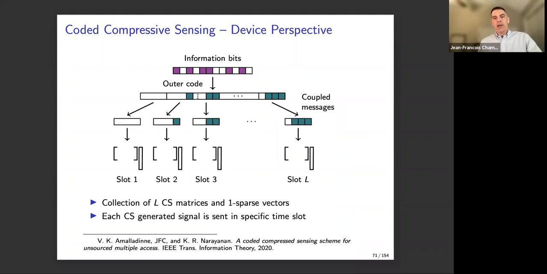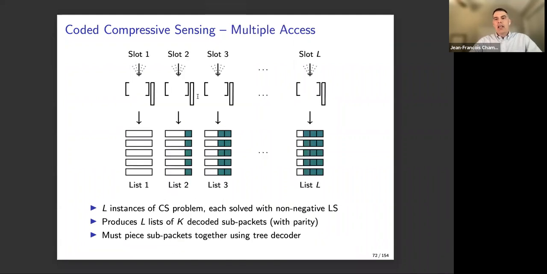So before I do data fragmentation, what I'm going to do is I'm going to devise things with an outer code. And the first article that we wrote about this is this 2020 a coded compressed sensing scheme for unsourced random access. And what it does is it adds redundancy in an incremental fashion where you add no redundancy to the first segment, and then you start to add a little bit more redundancy to the second, the third, and so on.